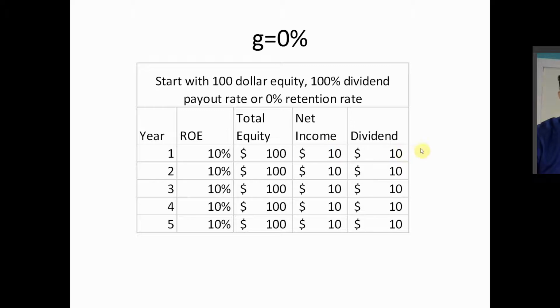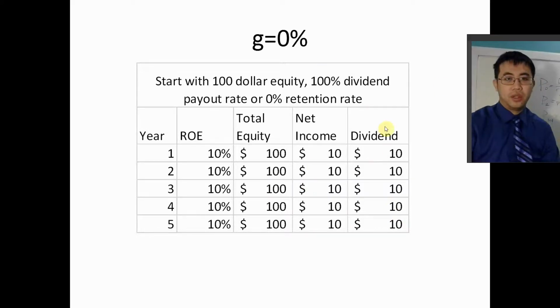So zero money is contributed to the total equity in the next year. So your total equity always stays 100 because you have no contribution to the equity. So with a 10% profitability, you always get the same net income, and you decide to spend all the net income as dividend with no savings. So there's 0% growth for the dividend. So it always stays at $10.